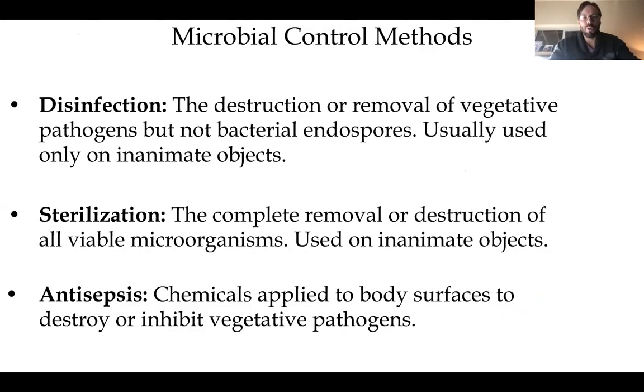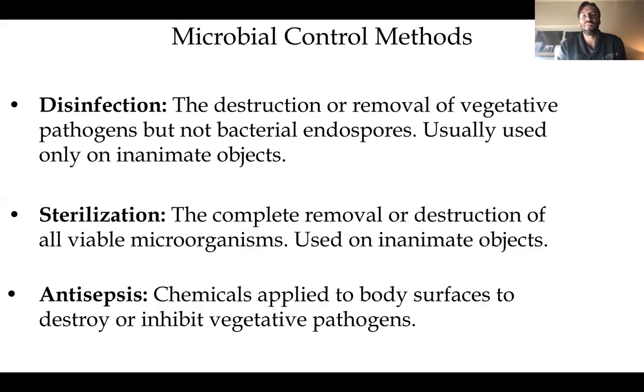These different controls you need to know because they are different in the ways that they're used and the degree to which they kill microbes. So disinfection is something that destroys the vegetative cells. So remember, when we're talking about bacteria, you have the vegetative cell, which is the metabolically active type, and then the endospore, which is the metabolically inactive type.